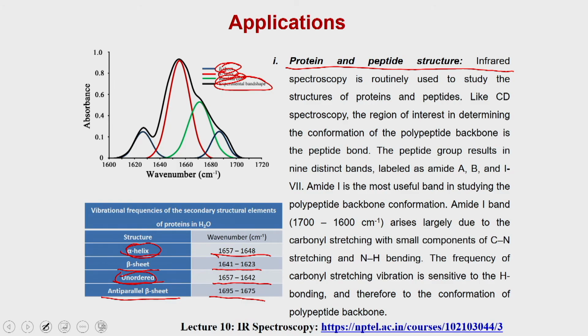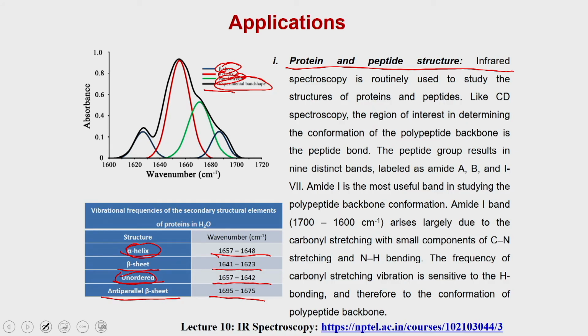So, you can collect the IR spectra of your experimental sample, and depending on the presence of the different types of secondary structures, you can calculate the proportion of alpha helix, beta sheets and unordered structures by comparing the different spectral bands of IR spectroscopy.